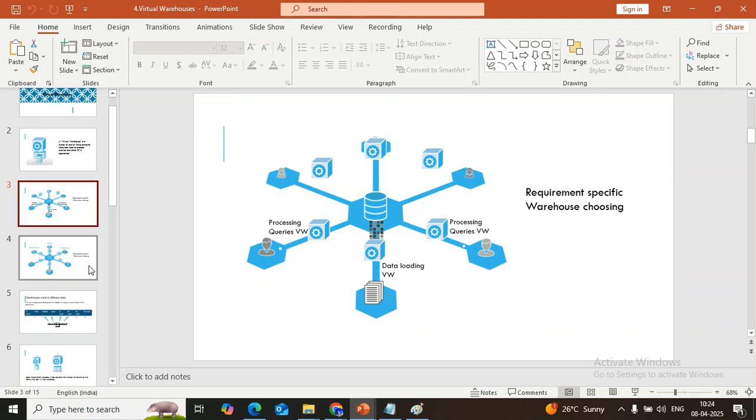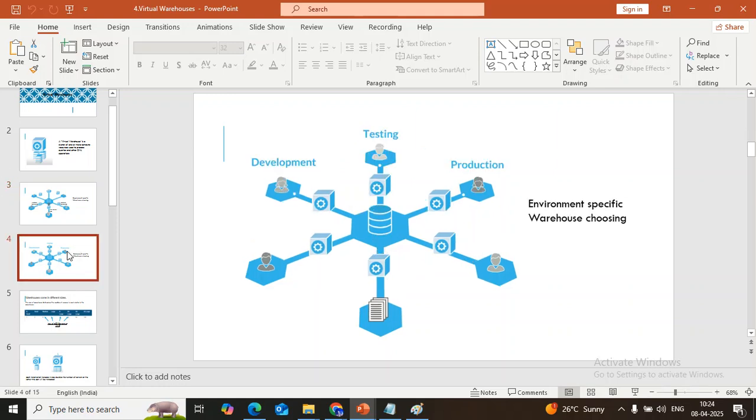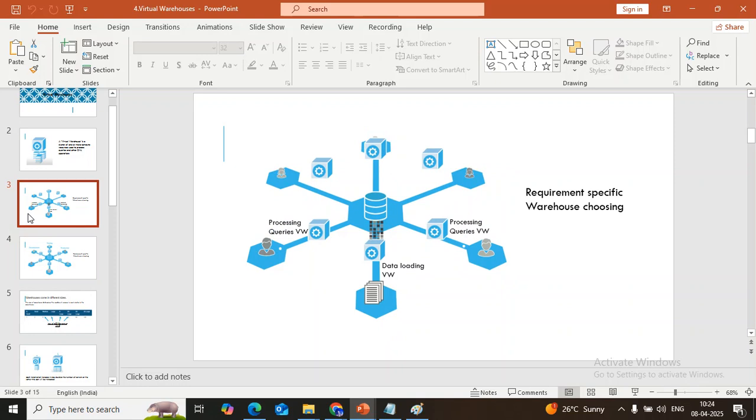Here, for loading purposes they have a warehouse, for processing queries they have another warehouse, and for senior members they have a warehouse. That is requirement-specific warehouses.